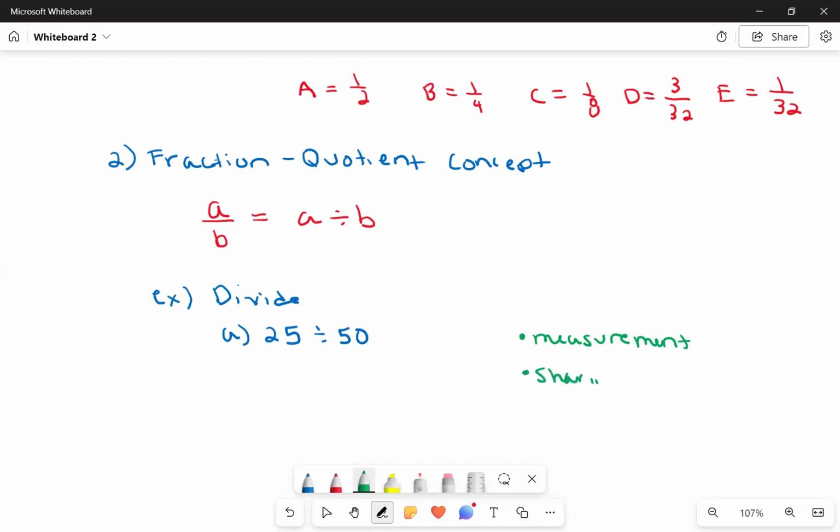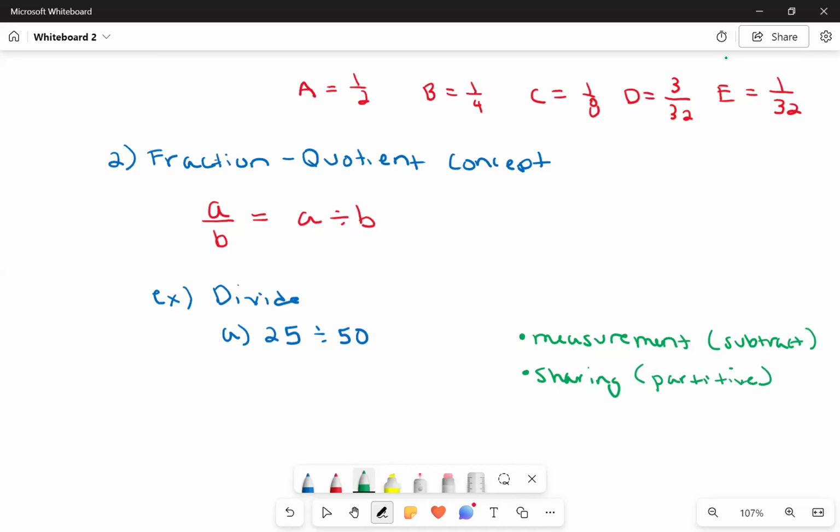These are the concepts we had for thinking of division. With measurement, you're thinking of subtracting repeatedly. With sharing, you're thinking of dividing it into parts. They called that partitive, the alternate name.